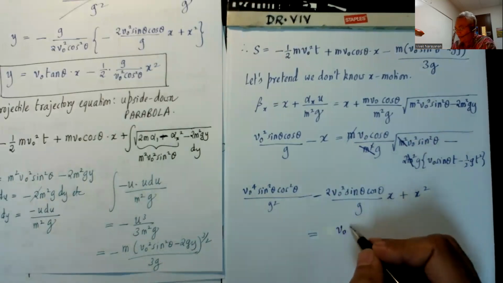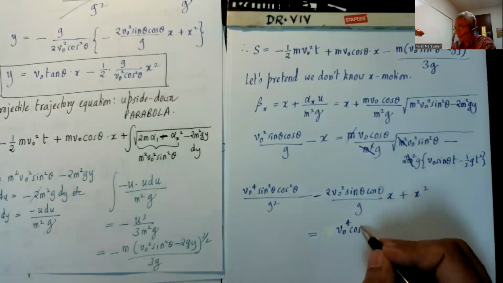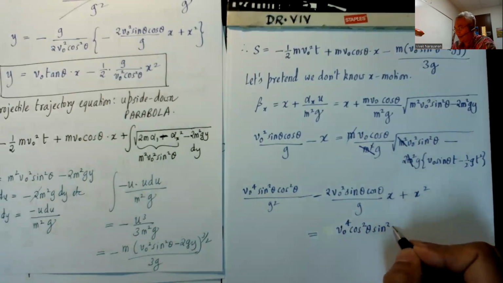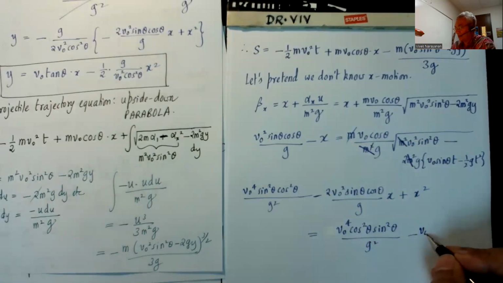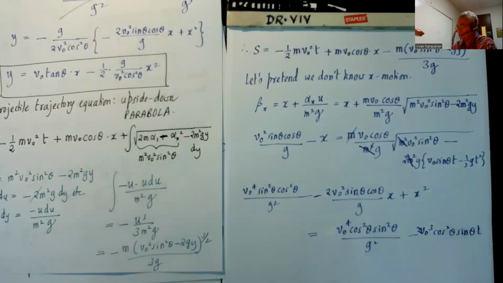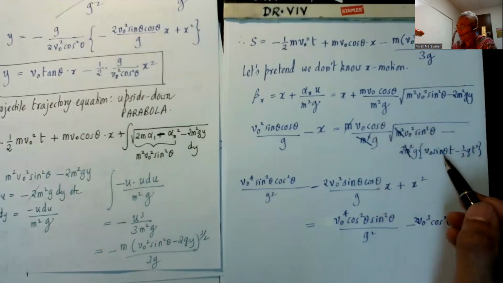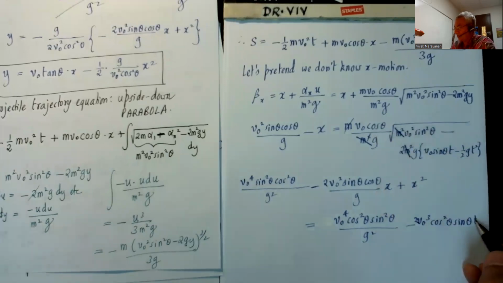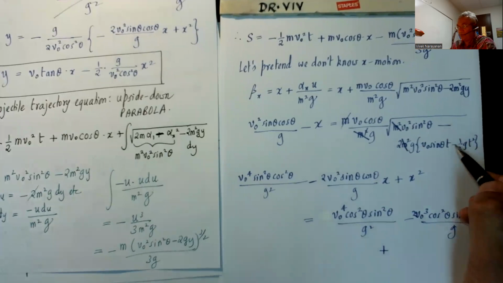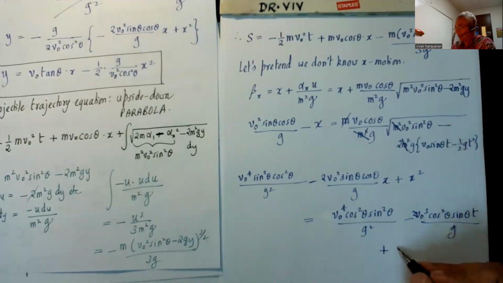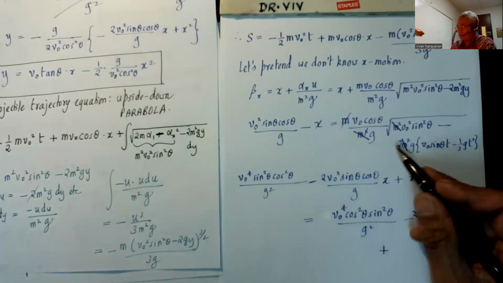So this gives us v naught to the 4 cosine squared theta sine squared theta over g squared minus 2 v naught cubed cosine squared theta sine theta times t, because you're going to get that squared and then just without the square over g. And then the last term is going to be plus, because there's a minus there and another minus here, becomes a plus. And the 1/2 and the 2 cancel out here.